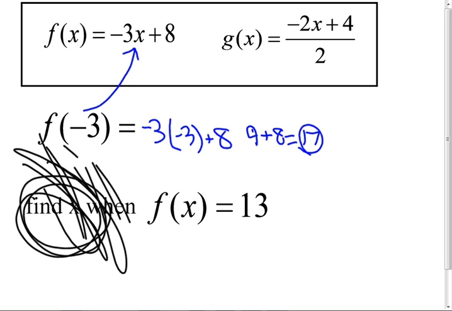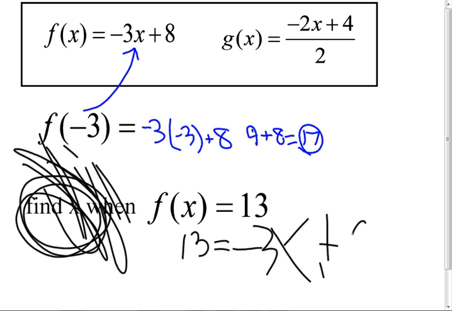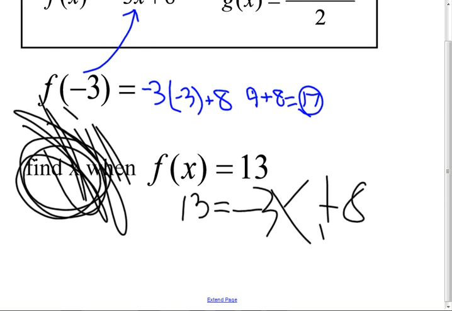Well, you haven't done any work yet. So write down 13. This is what you're going to put right in there for that. So 13 equals negative 3x plus 8. Matt, you got it right so we can read it. Okay, now you got to solve.